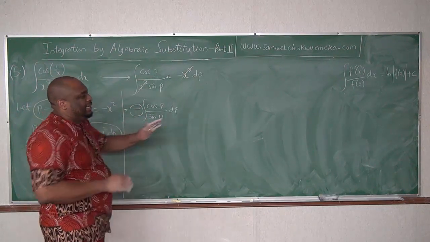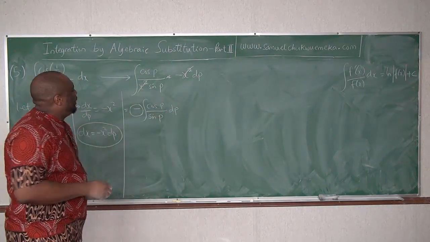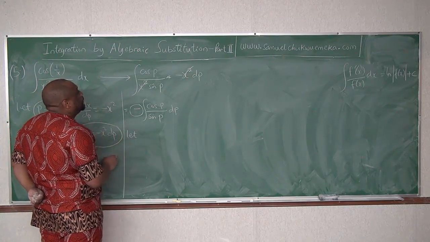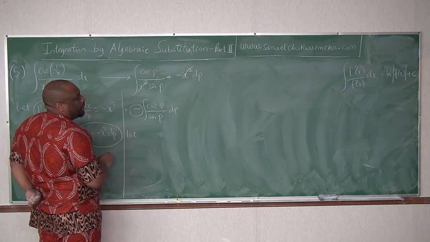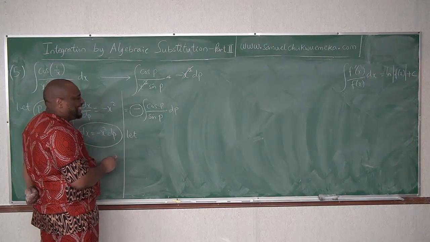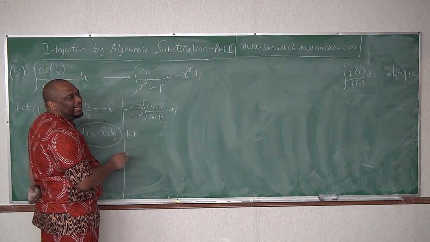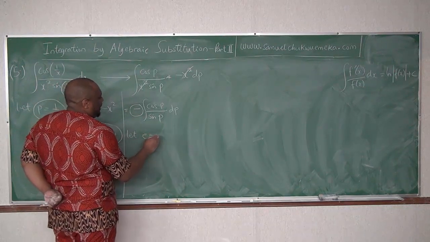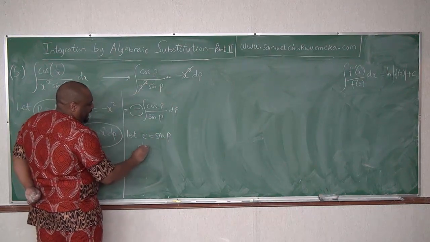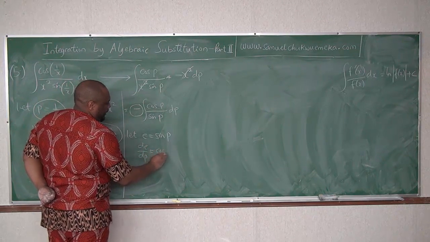But let's say they didn't give you this, so you're now here. What should I use now? Let me use E. Let E be sine p. Then dE dp is cos p.